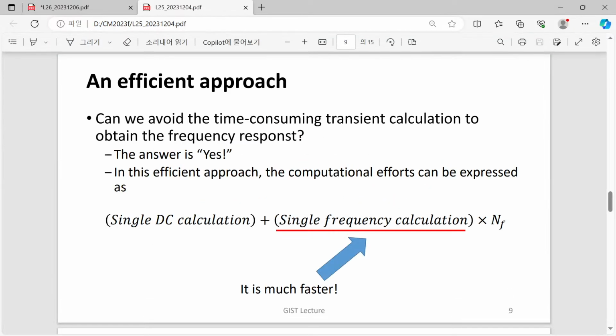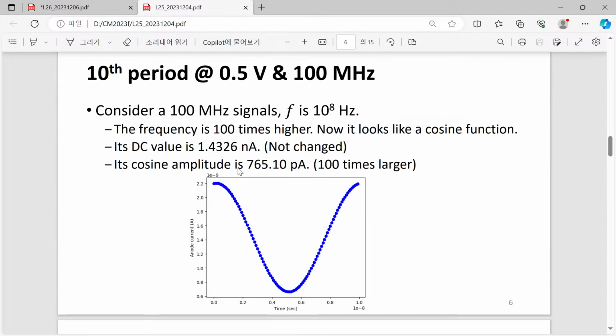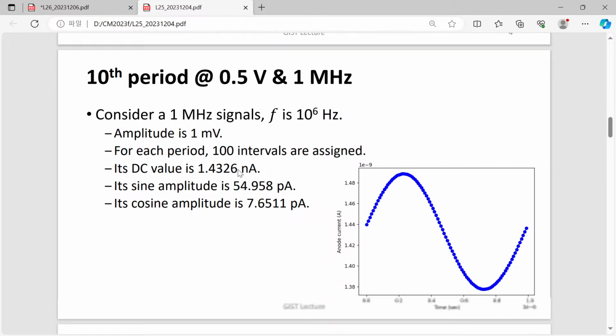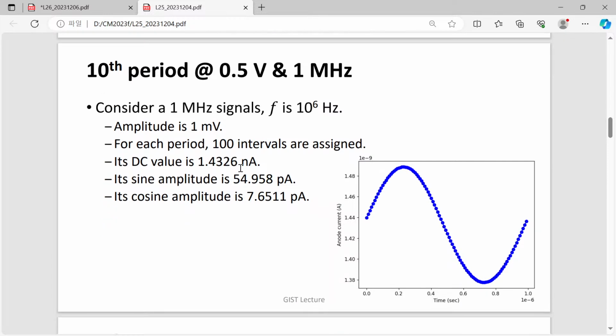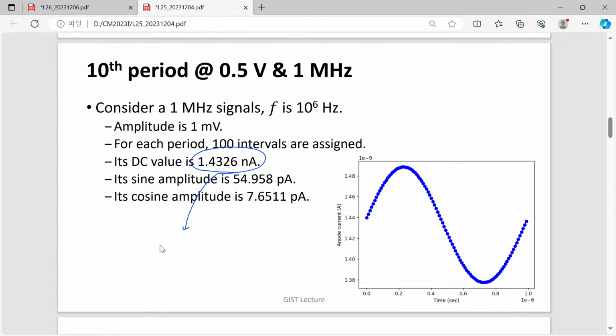So now let's go to our previous example. Now you can see that here its DC value was just like this number. This is our anode current, and please divide it by our thermal voltage.